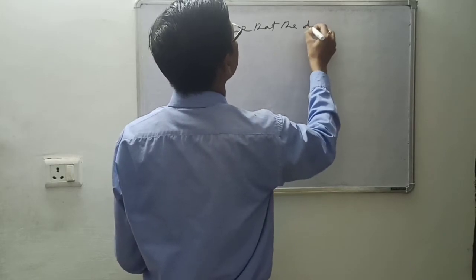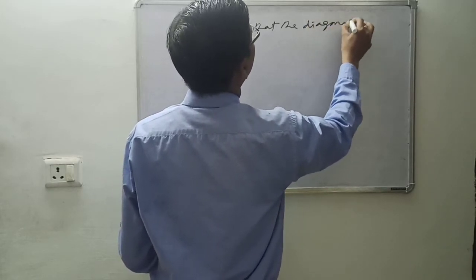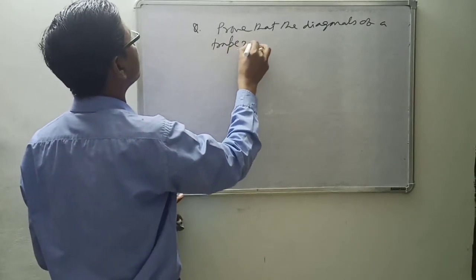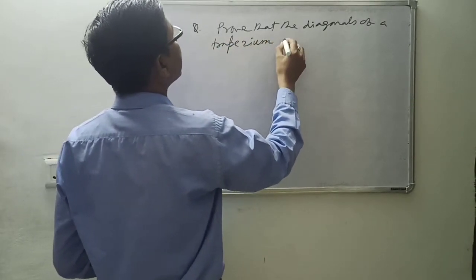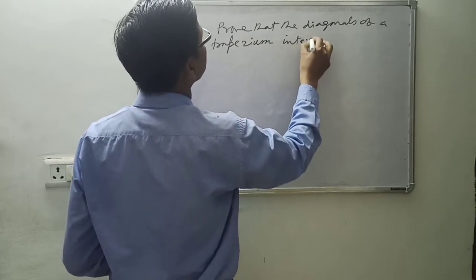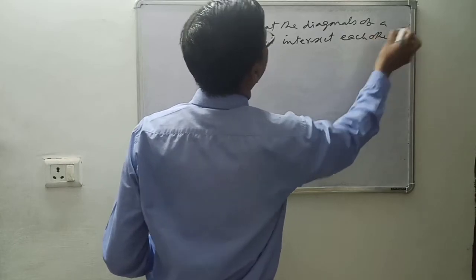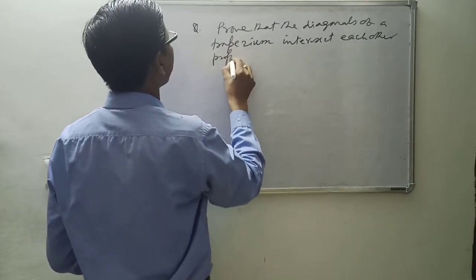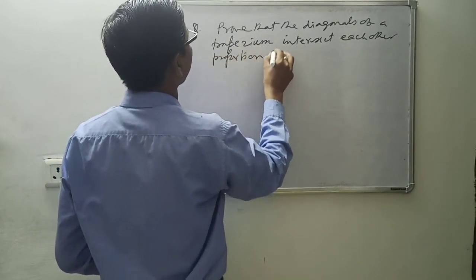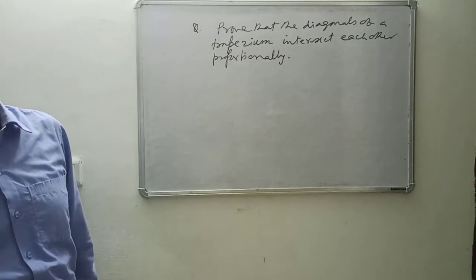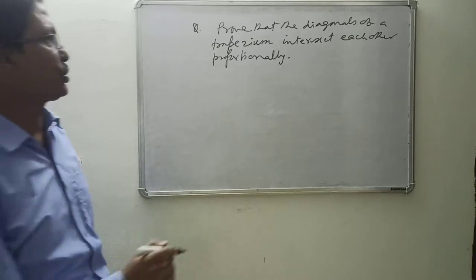Prove that the diagonals of a trapezium intersect each other proportionally. Means the diagonals of the trapezium intersect in the same ratio.